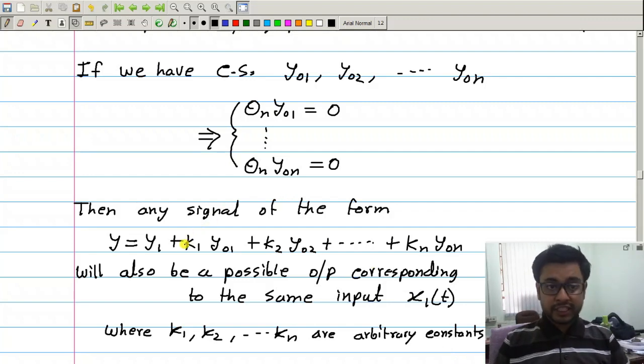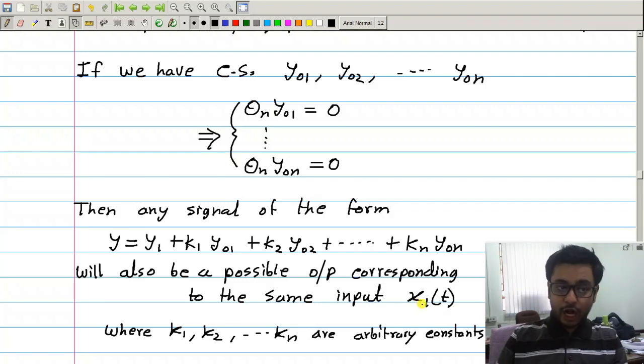And please note that this is the complete, exhaustive list of possible solutions for the same input x1. There can be no other signal different from this form which is a candidate output for this input x1.